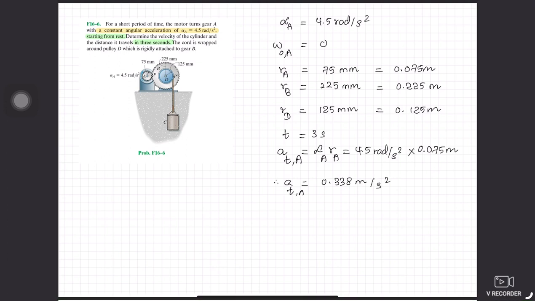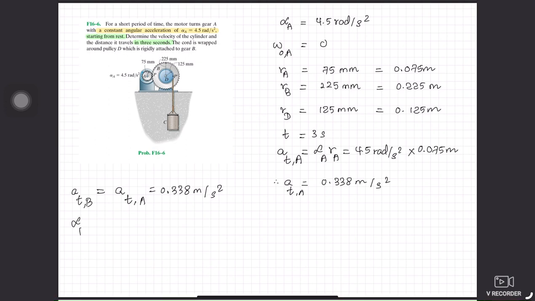And looking at this picture, gear A and gear B are rotating with the same acceleration in the tangential component. So the tangential acceleration of gear B is also equal to the tangential acceleration of A, which equals 0.338 meter per second squared. And from this, we can find the angular acceleration.